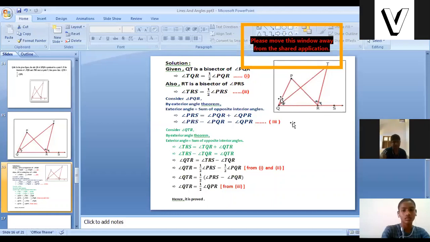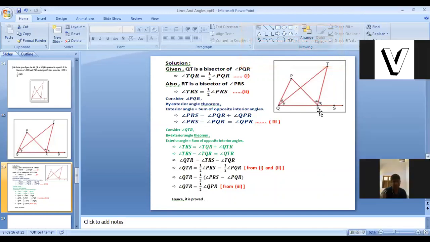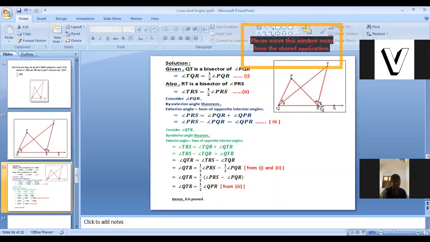Yes. This angle PRS acts as the exterior angle. So the opposite interior angles are angle P and angle Q. So the sum of these two is equal to PRS. The same thing is written here. Angle PRS equals PQR plus QPR.